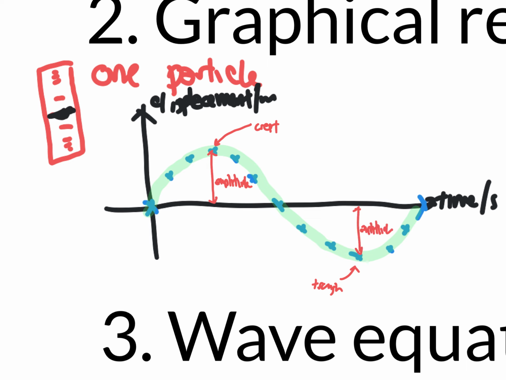And when I look at this entire wave, this complete cycle, this complete oscillation, what would that be? I'm looking at the total time for a complete oscillation. So when I look from the beginning to the end for a full cycle, this gives me my period, or T.